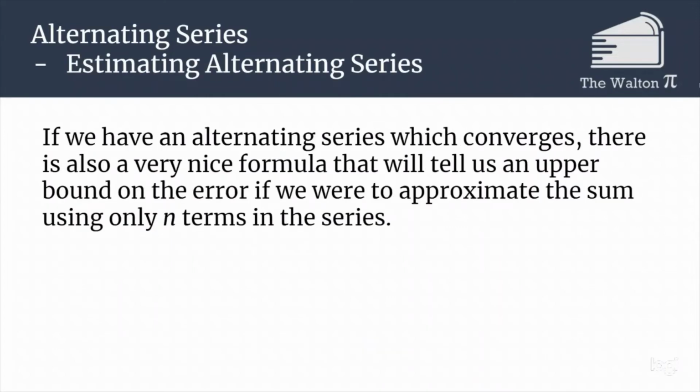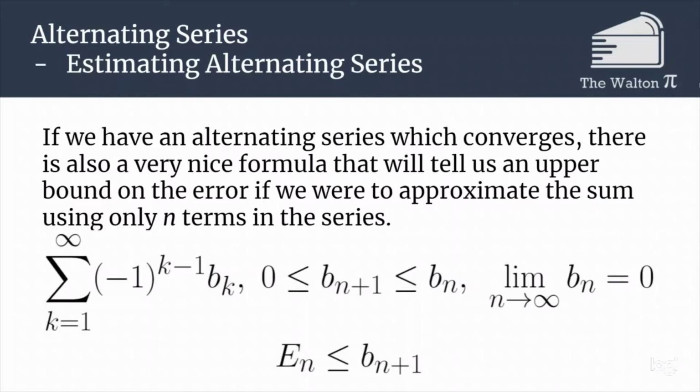So if we have an alternating series which does converge, there's also a really nice formula that gives us an upper bound on the error if we were to try and approximate the sum using only n terms of the series. So if our series is the sum from k equals 1 to infinity of negative 1 to the k minus 1 times b sub k, the error, E sub n, is always less than or equal to b sub n plus 1.